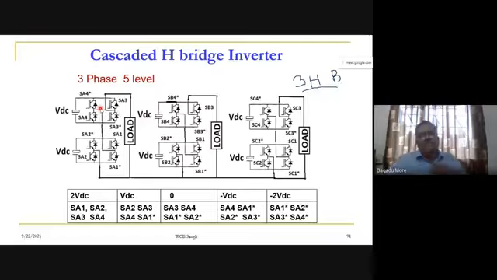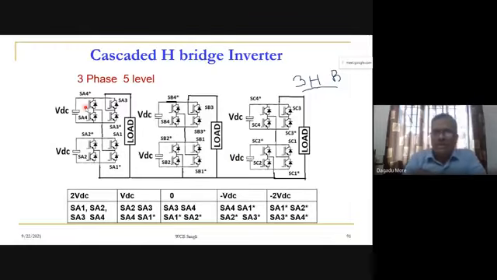The limitation or drawback of the cascaded H bridge multi-level inverter is that we require a larger number of DC sources, and the number of DC sources will be equal to the number of H bridges. Here in the 3-phase 5-level cascaded H bridge multi-level inverter, we require 6 bridges, so we require 6 separate power supplies.